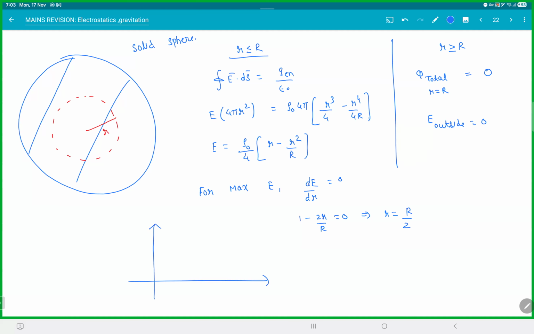When r is equal to 0, the field is 0. So this graph is increasing, and then again it should become 0 here. It's a neat parabola actually. This is your maximum value, which will occur at R by 2. Clear with this?